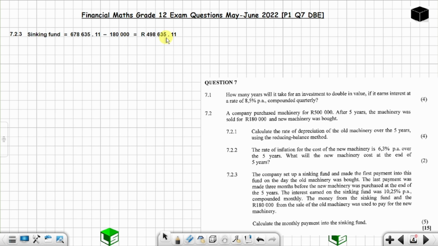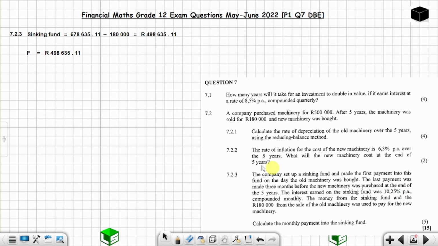So we are going to use the future value formula. F is equal to this. They have this, they want this, so that they can afford to buy this. You are also given another piece of information: the interest earned on the sinking fund.